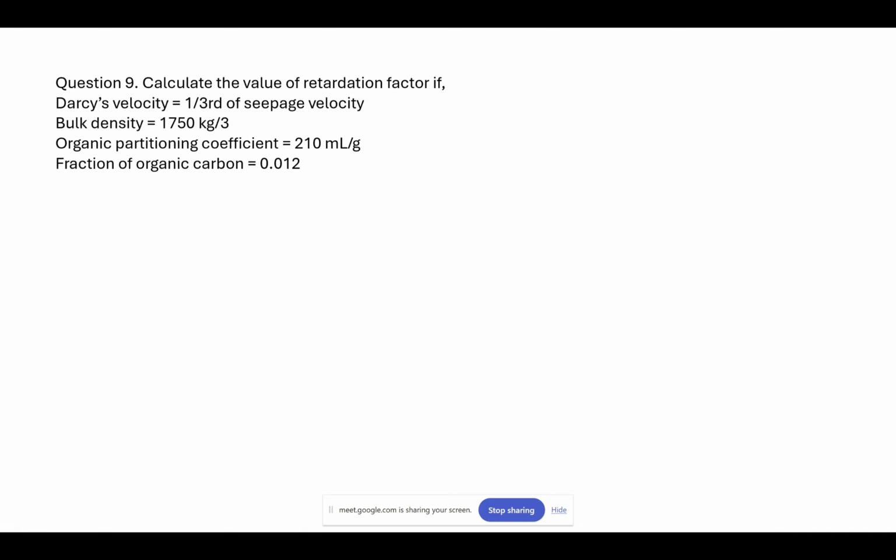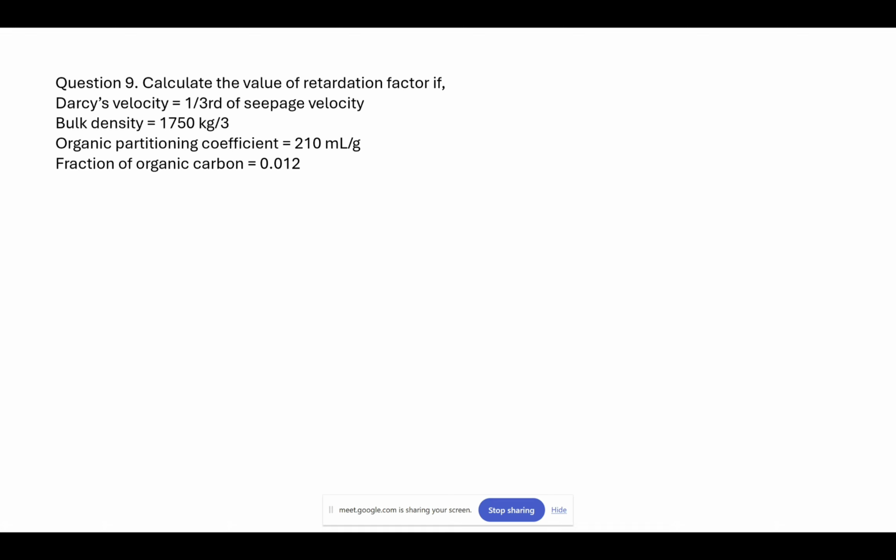So now let's move to question number 9. This is a numerical type question. The question is, calculate the value of retardation factor if Darcy's velocity is one third of the seepage velocity. Bulk density is given, that is 1750 kg per meter cube.